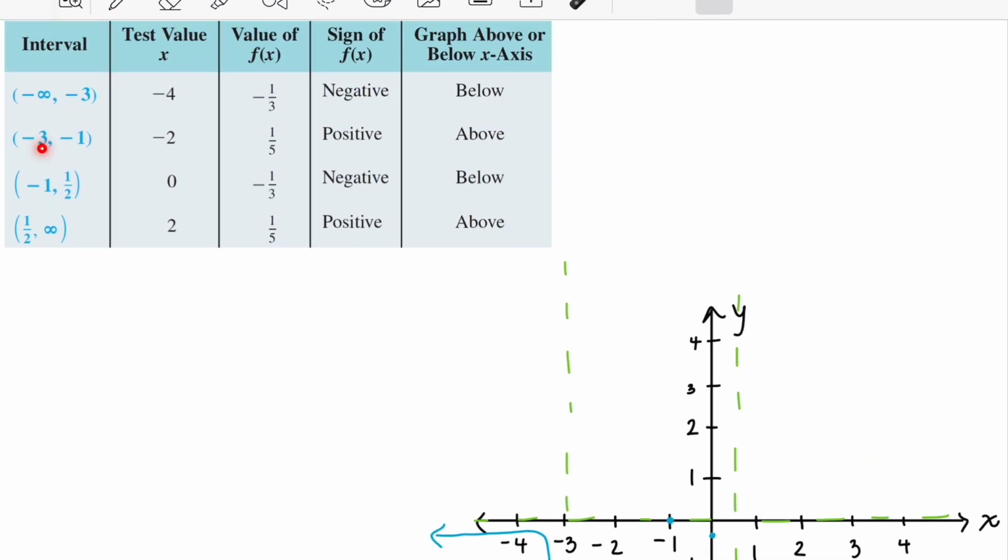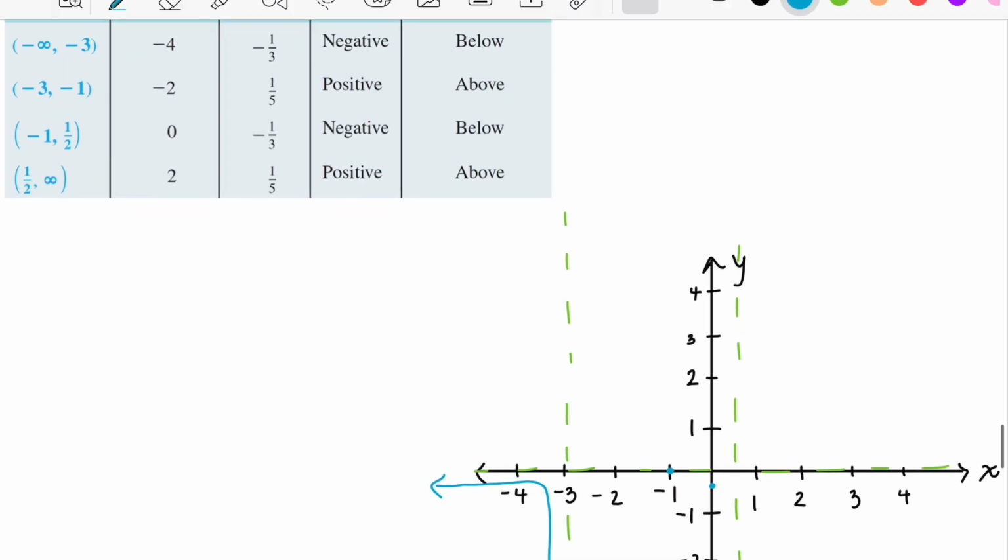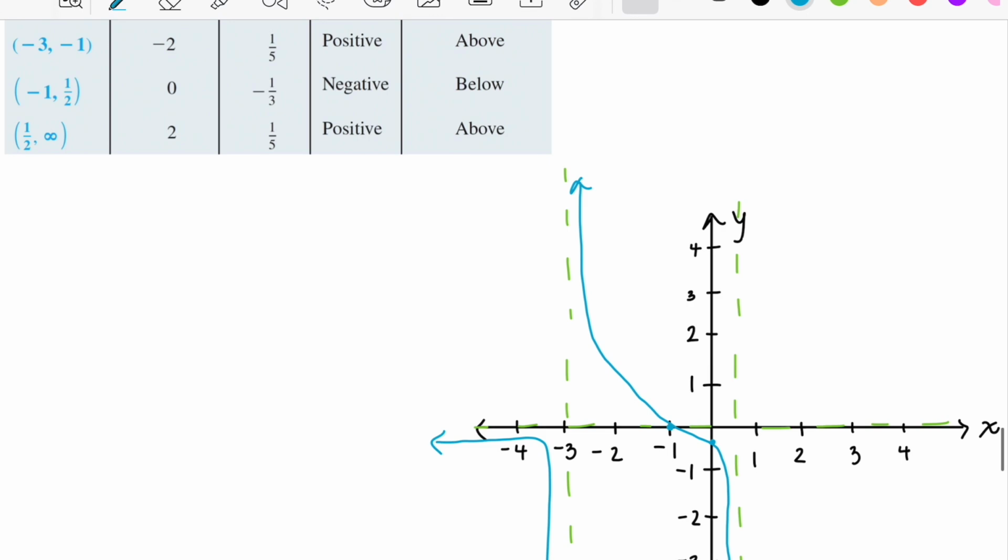Similarly, in this region, from -3 to -1, so right here in this interval, our function is going to be above our x-axis, so it's going to be in this region, and it also needs to cross these 2 points. And then we'll see in the next region, -1 to -1/2, from here to here, it will be below the x-axis. So the fact that it has to intersect these 2 points here makes sense. So our graph is going to look something like this here, never crossing our vertical asymptotes.